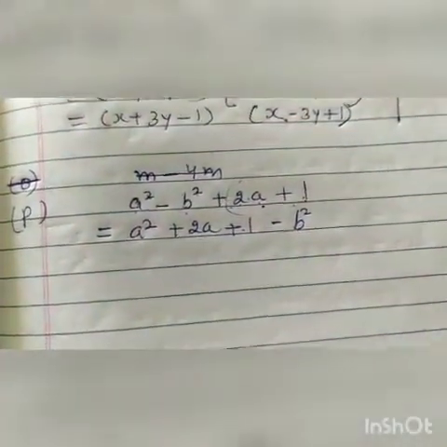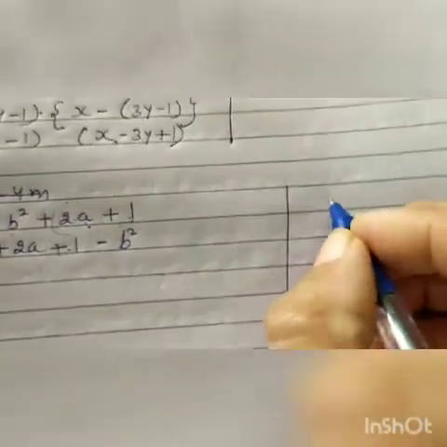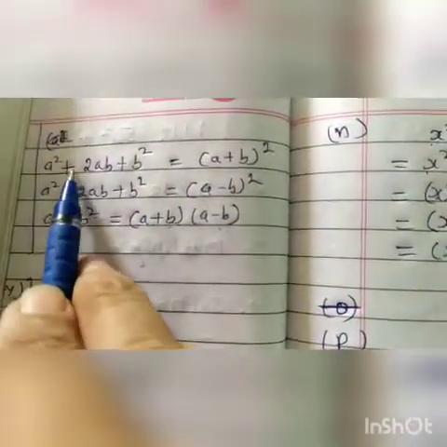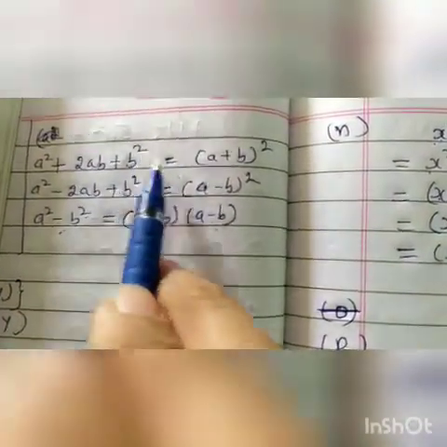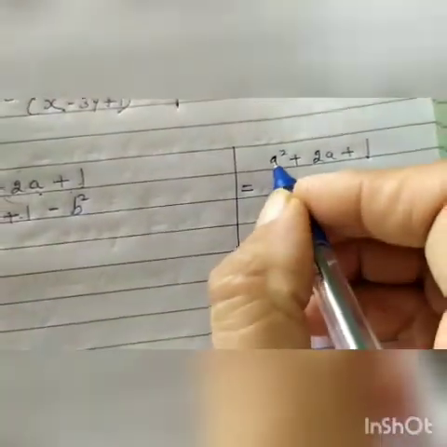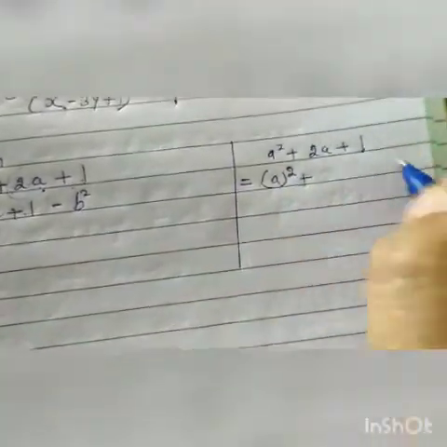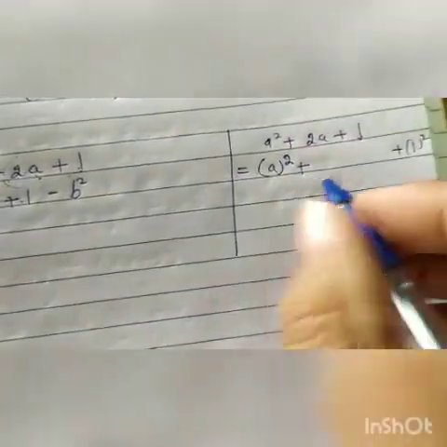Now this term a square plus 2a plus 1, using the first identity a square plus 2ab plus b square equals (a plus b) whole square, we will factorize it, because a square is the square of a and 1 is the square of 1. This is a square plus b square.